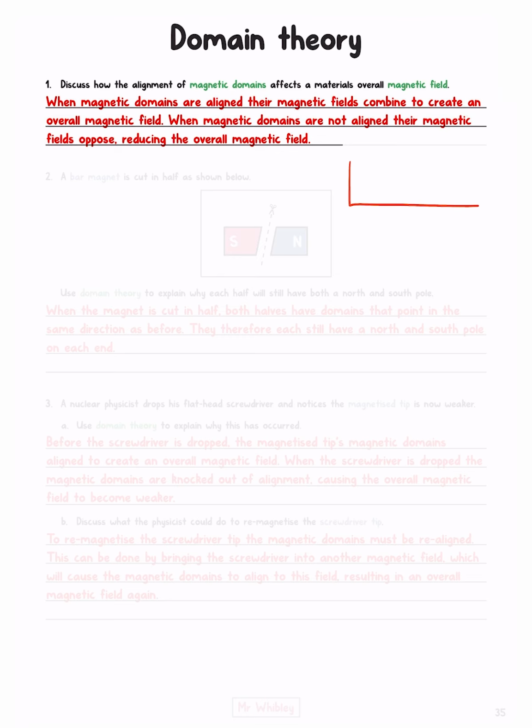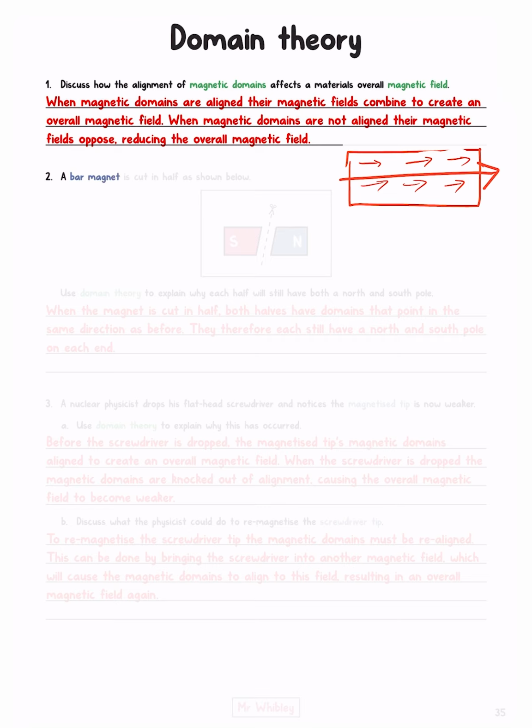If we are to imagine a material that can be magnetized, sections within this material behave like their own individual magnets, pointing in individual directions. If all of these so-called domains are not aligned, then the fields tend to oppose each other, cancelling out the overall magnetic field. However, if you were to align all of these domains together, their effects would instead combine and result in an overall magnetic field.